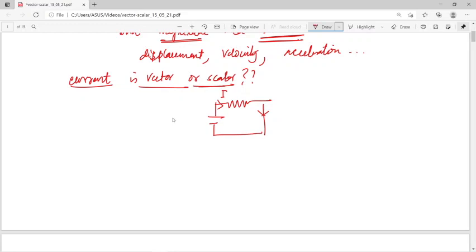What is the problem with current? Current follows a law called Kirchhoff's law.